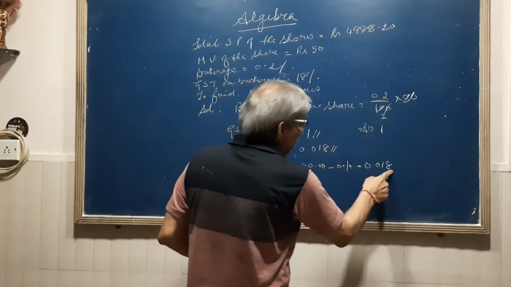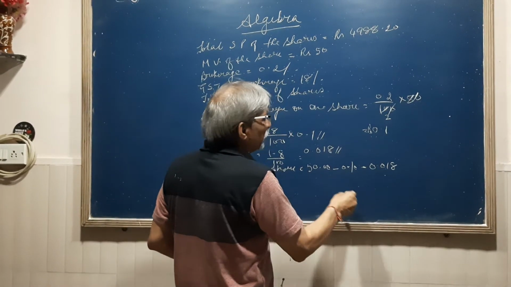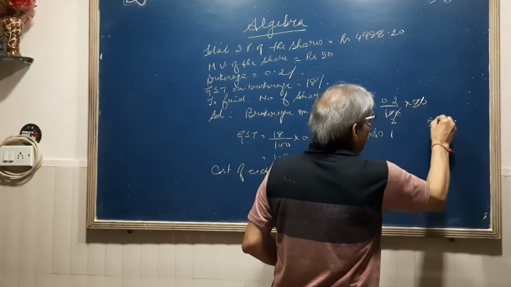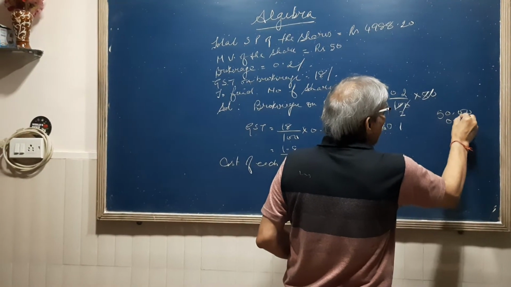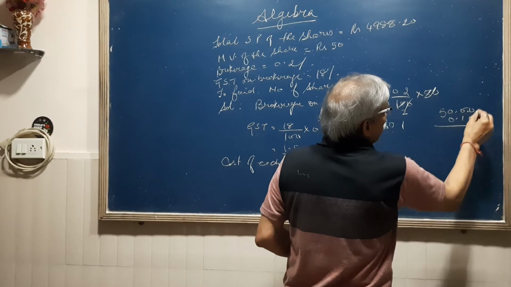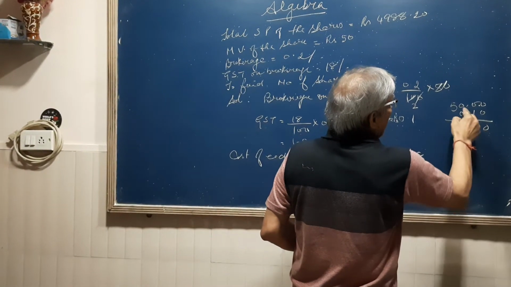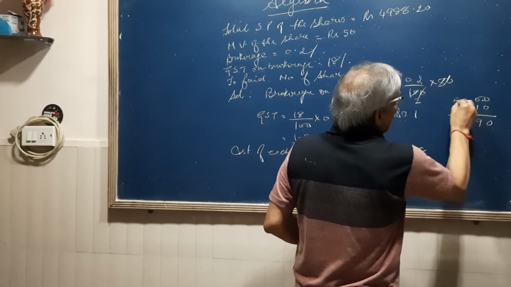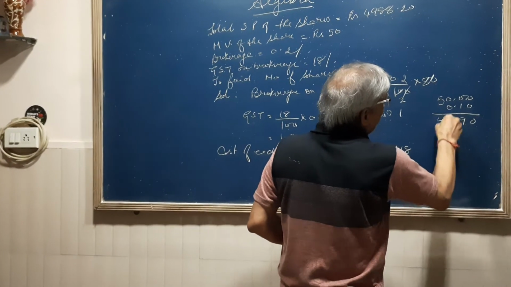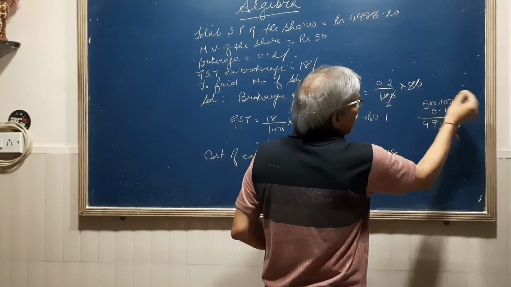So we are first subtracting 50 minus 0.10. 0 minus 0 is 0, 10 minus 1 is 9, and this is 9, and this is 4, giving a carry each time.